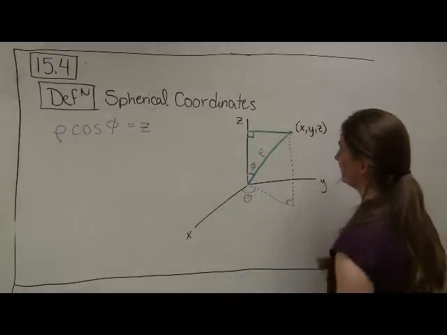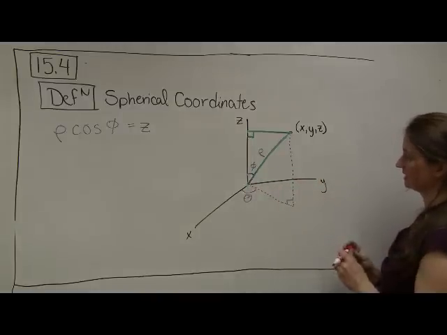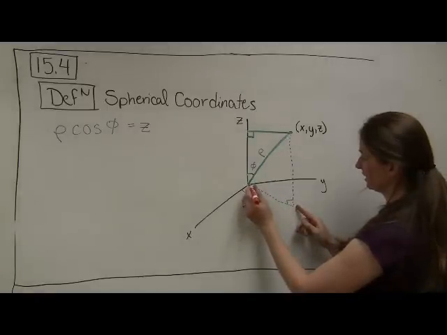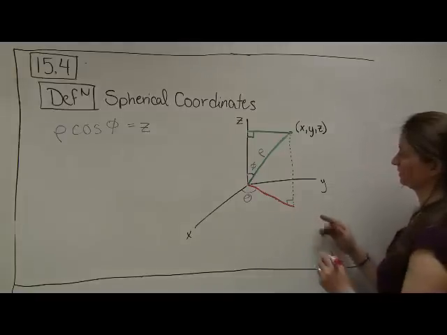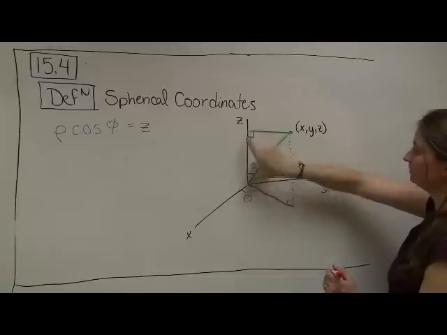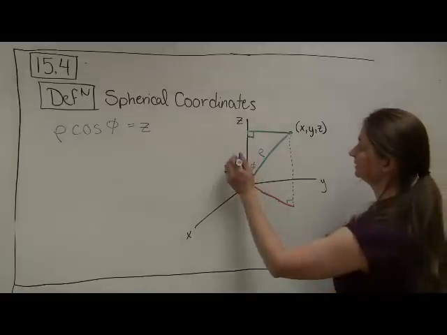Let's say that I want to take a look at what is my y coordinate. My y coordinate in this case, I need to know two things. Two things are going on here. I'm looking sort of down in this plane, right? So we already found this triangle, and we know that this height was rho cosine phi.